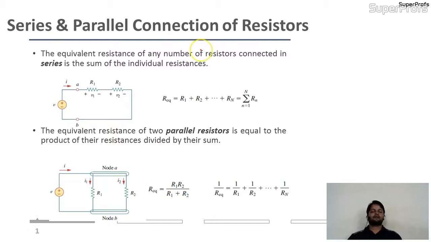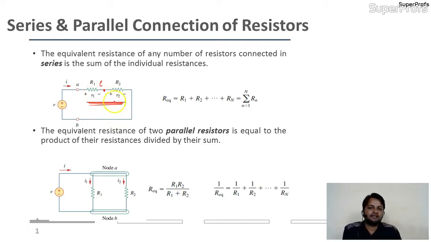Now come to the series and parallel connection of the resistance. It's very easy, and you people know already, I think. We know how to connect elements in series. The ending part of one resistance will be connected with the starting part of another resistance, and there should be no obstacle, or no branch connected in between them.